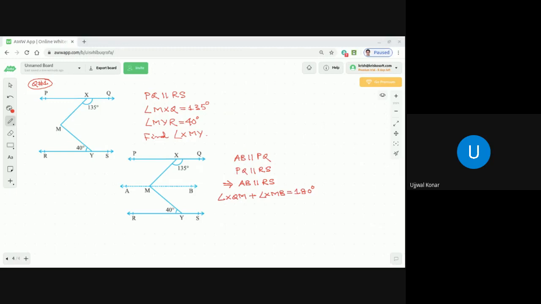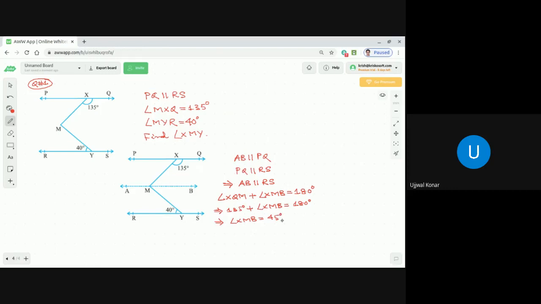According to the question, it is given that angle QXM is equal to 135 degrees. So we can write 135 degrees plus angle XMB is equal to 180 degrees. So XMB is equal to 180 minus 135, that is 45 degrees.